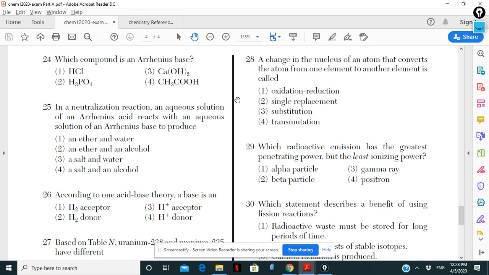I still have the same elements. Single replacement, same elements. Substitution, same elements. Transmutation, mutation means change, so I pick number 4. English common sense: transmutation, I make a mutation, a change in the nucleus, so a change in the elements. The answer is 4.